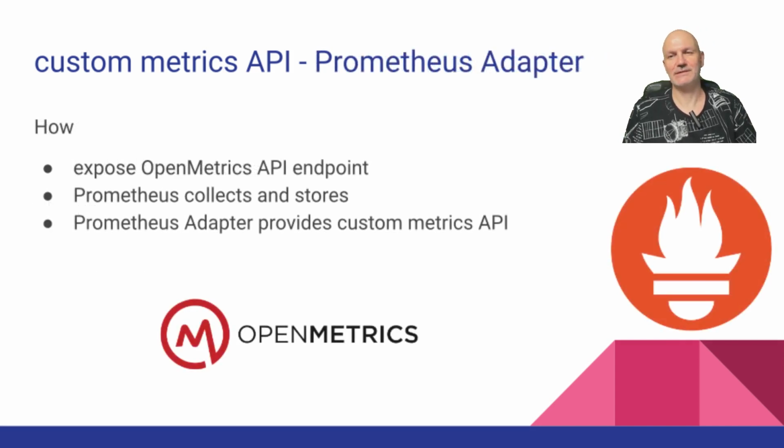Another option is that your application exposes custom metrics on an HTTP endpoint in Open Metrics standard format. This information is then collected by and stored in Prometheus. You also need to install and configure the Prometheus adapter to expose those metrics to Kubernetes so they will be available in Custom Metrics API.